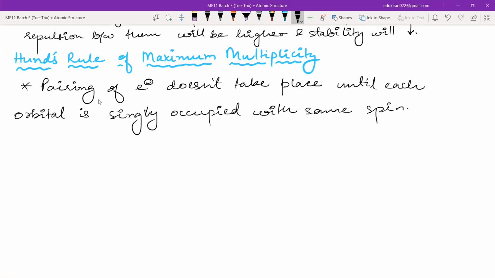So pairing of electrons can happen only after each orbital in a degenerate subshell is singly occupied with same spin. It's singly occupied with same spin.